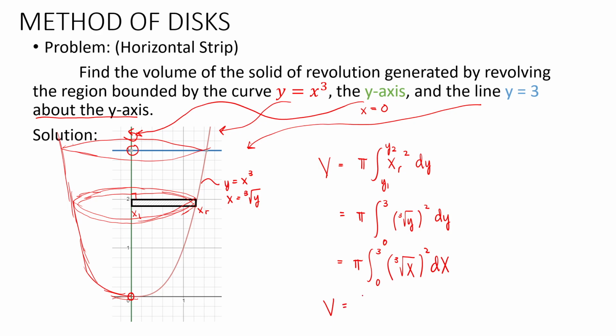So this is going to be your volume. Don't forget the pi outside the integral symbol. Usually the mistake of my students before is they don't plug in the pi.